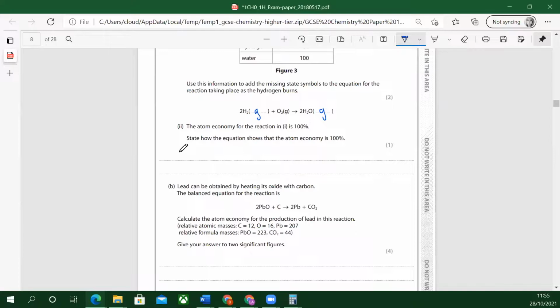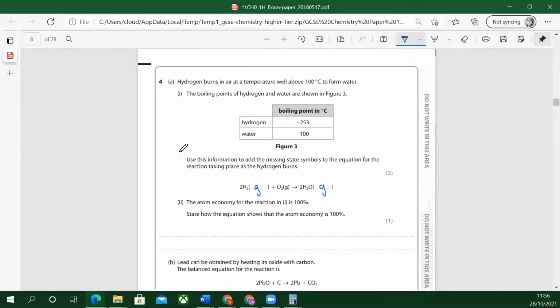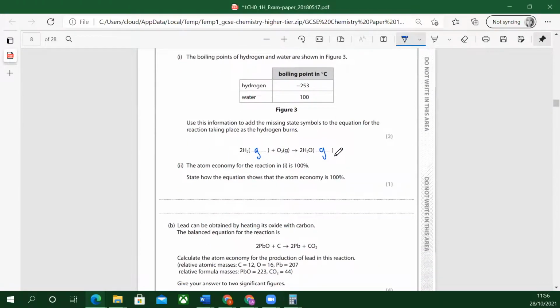The atom economy for the reaction is 100%. State how the equation shows the atom economy is 100%. So all that means is that all the atoms are involved.